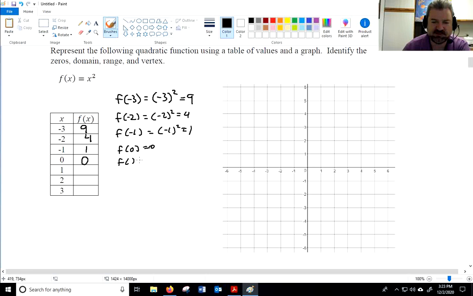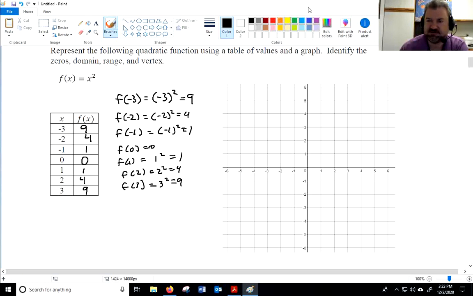F of 1, we need to plug in 1, right? I can use parentheses if I want. Wouldn't be wrong, but I don't need to because it's a positive number, so that's just a 1. F of 2, 2 squared is 4. And then f of 3, 3 squared is 9.